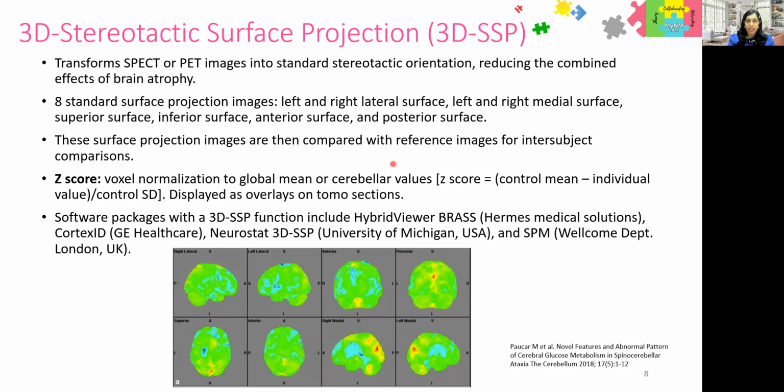And these are displayed as overlays on tomo sections. Software packages with 3D SSP function include Hybrid Viewer from Hermes Medical Solutions, Cortex ID by GE Healthcare, Neurostat 3D-SSP by University of Michigan, USA, and SPM by Wellcome Department, UK.